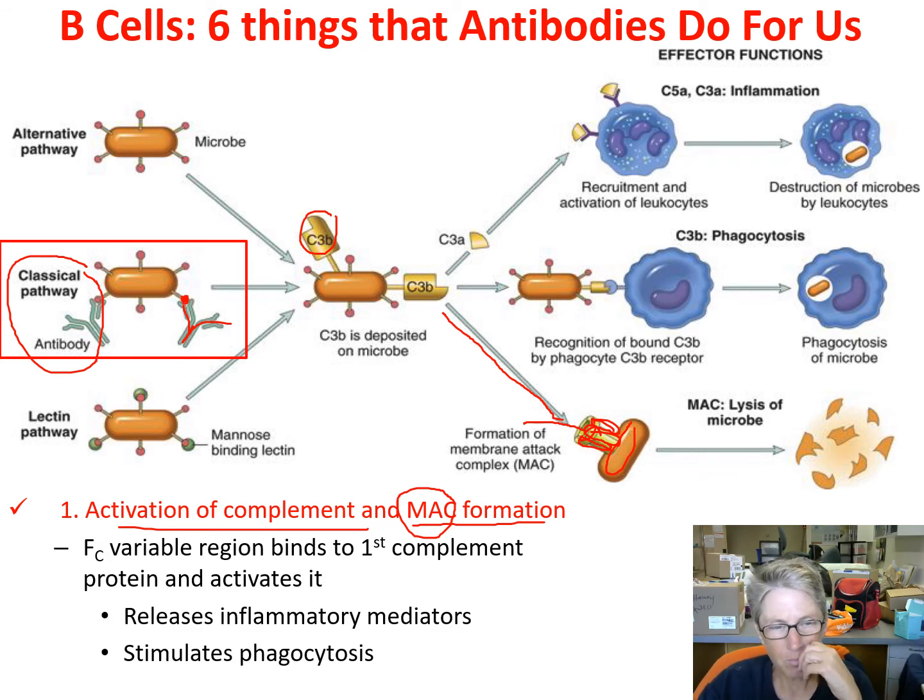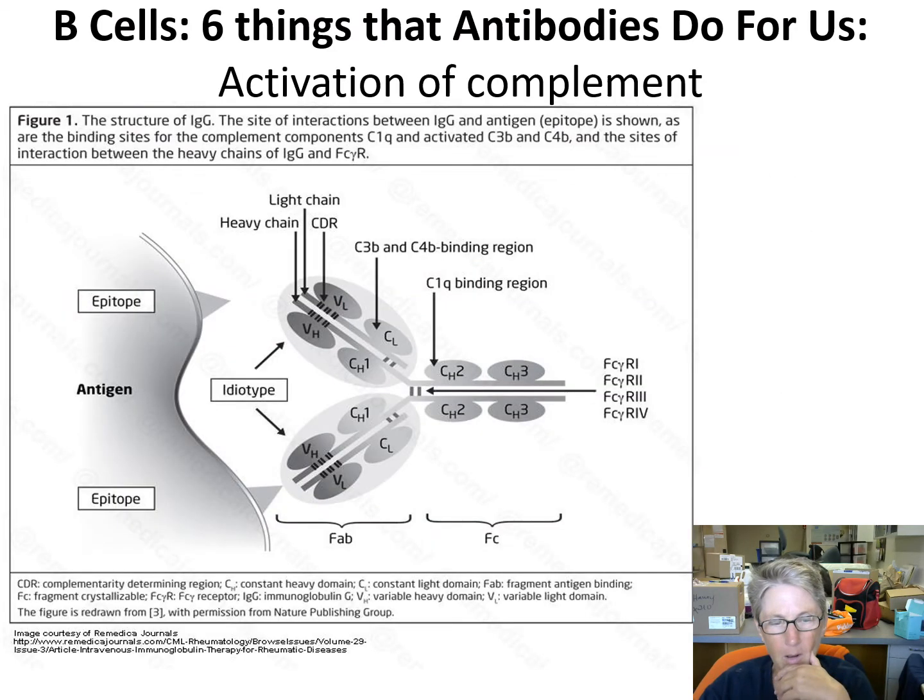So this just gives you some details. The Fc variable region binds to the first complement protein and then activates the complement cascade. This is a cartoon of activation of complement. This is the structure of IgG. So here's the antibody. I know there's a lot of stuff on here, but you can see the Y, right?